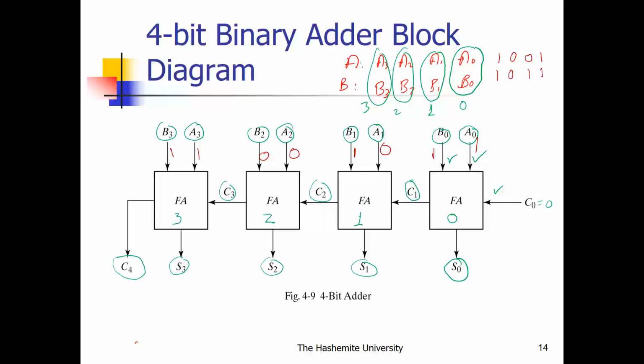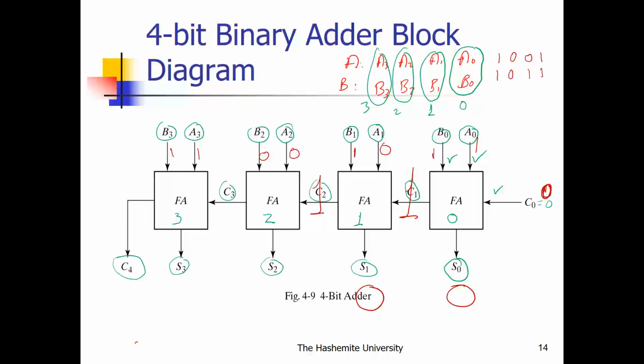Let's assume that the carry in is 0. So now we are adding 1 plus 0, obviously a sum of 0, and then I have a carry of 1. And this carry moves into the next stage, where I'm adding 1, 0, 1, and I have a sum of 0 and a carry of 1 that goes to the next stage.